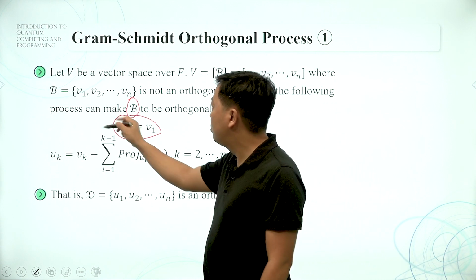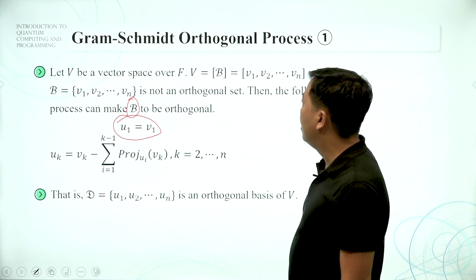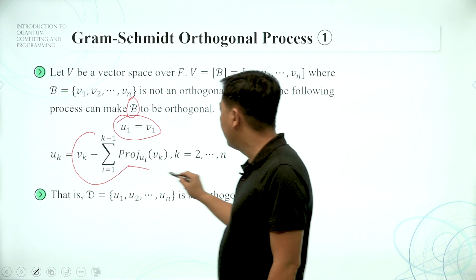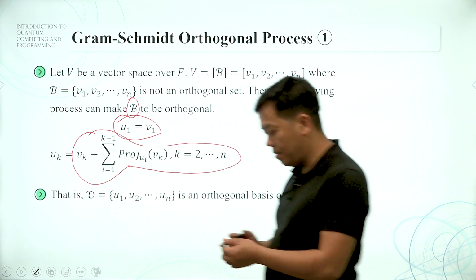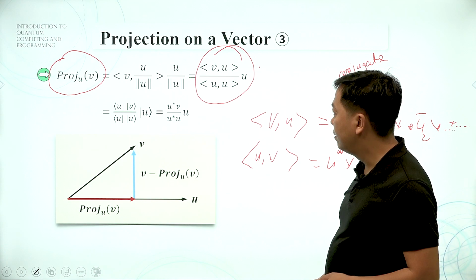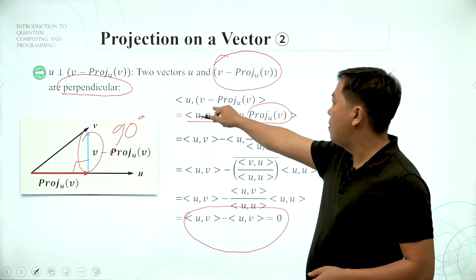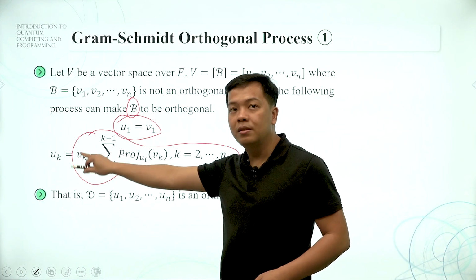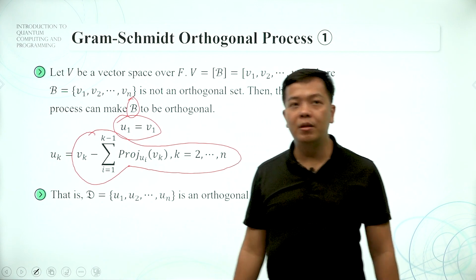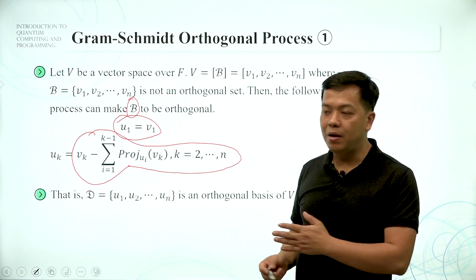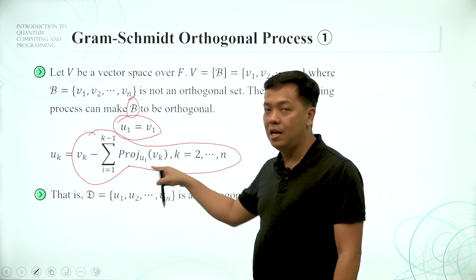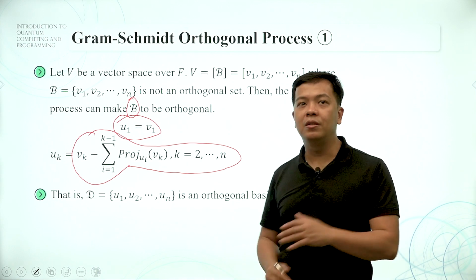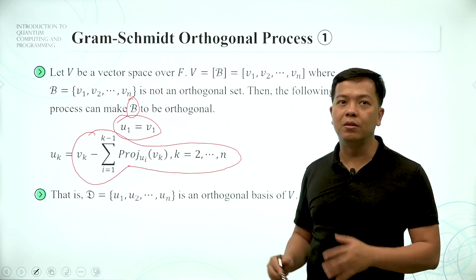We can transform the vector b using this kind of projection. Remember from the last slide, we have this part, and we can subtract from the vector one element vector, and remove the projection onto each element. So we can transform a non-orthogonal set into an orthogonal set.